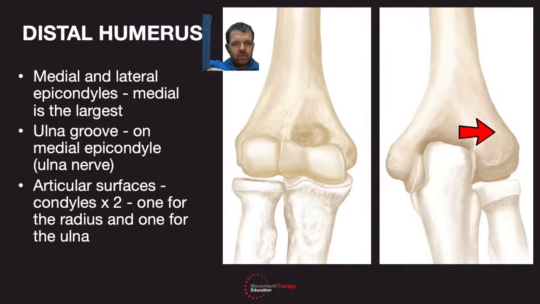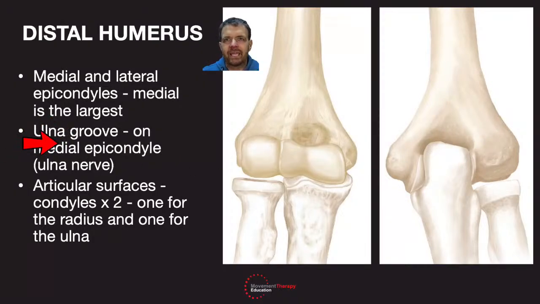So being able to palpate those and locate them, and then do some testing, will help to focus in where a problem might be with somebody's elbow, and where their pain might be coming from. So those are useful landmarks to know about.